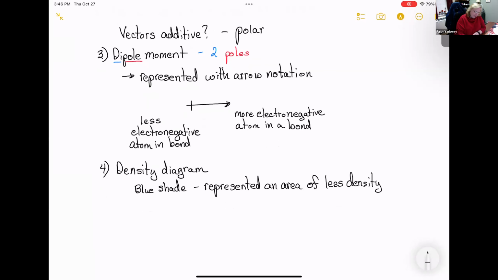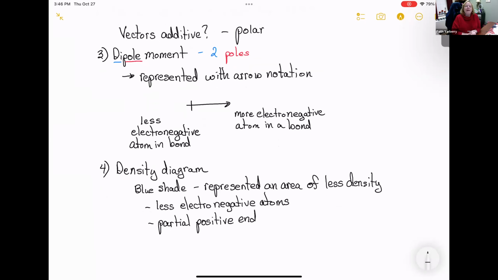This is the result of less electronegative atoms. And therefore you wind up with a partial positive end. That partial positive wound up pointing towards the negative electrode.